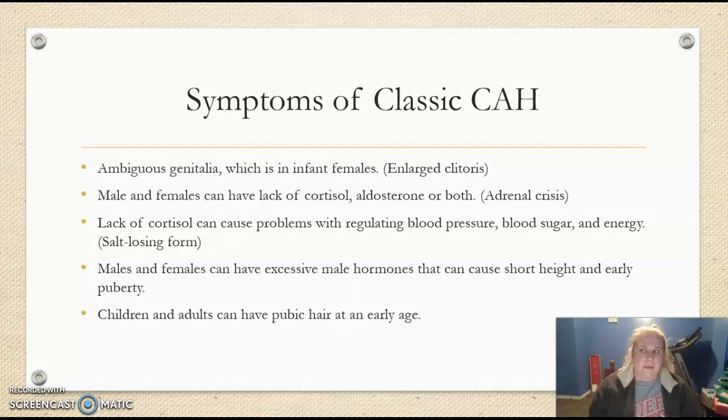All that combined, that's when your baby can get pretty sick. They can deteriorate pretty fast from that. Both males and females have an excessive male hormone, which is testosterone, and that can affect puberty and growth. Children can get pubic hair at an early age.